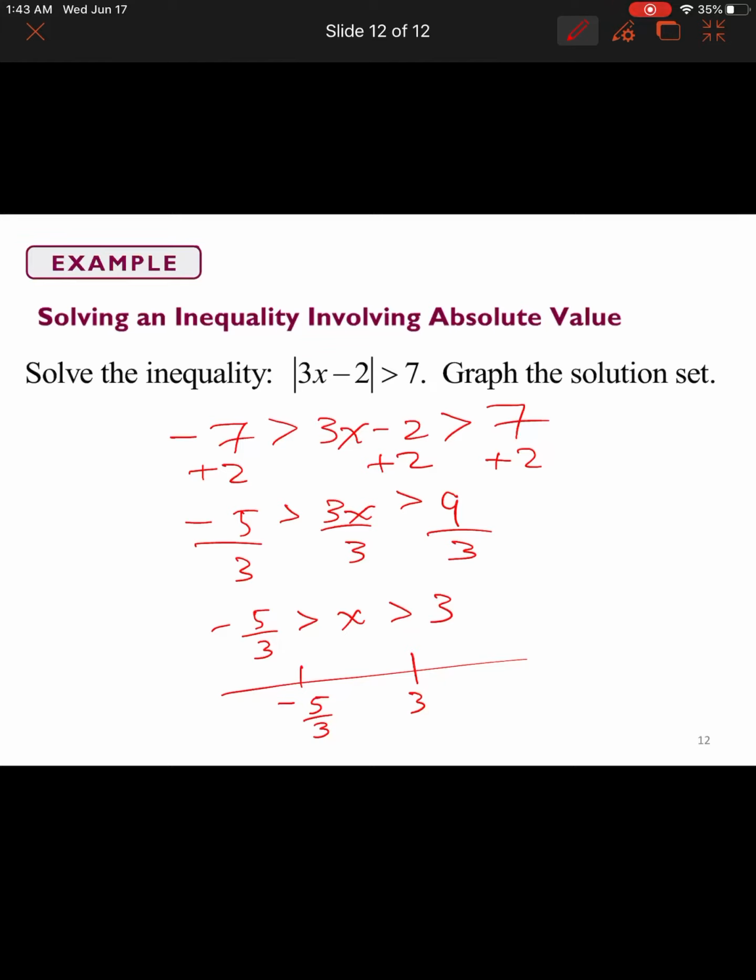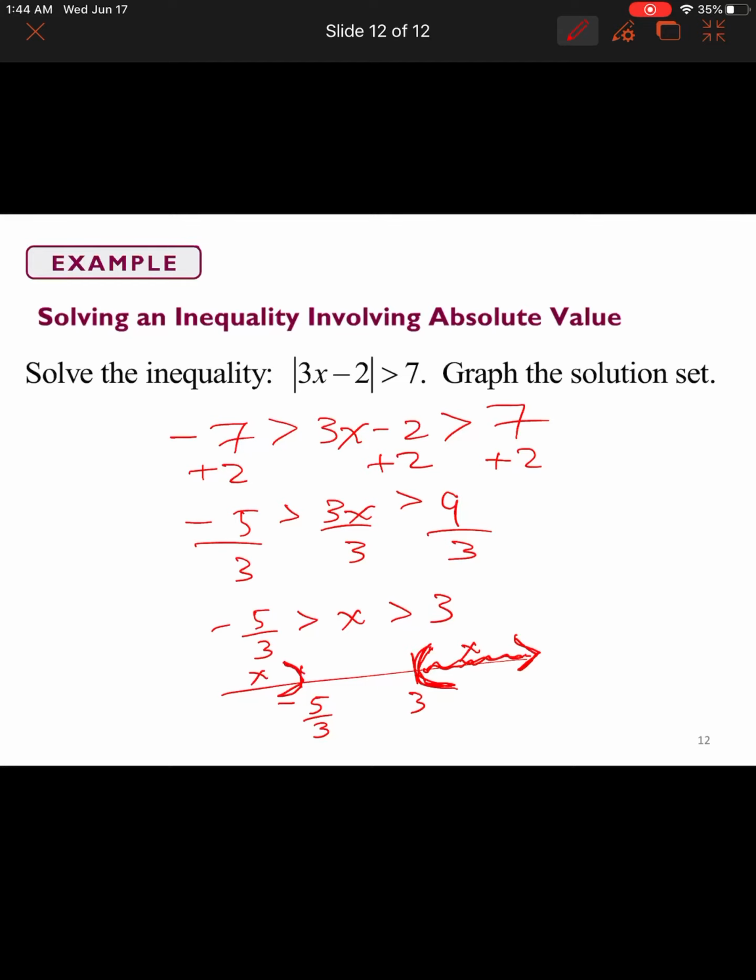Negative 5 thirds, 3. Says x is to the right of 3. Watch out now. Whoa. You ain't seen this one yet. So we shading to the right of 3. And it says negative 5 thirds is to the right of x. Whoa.